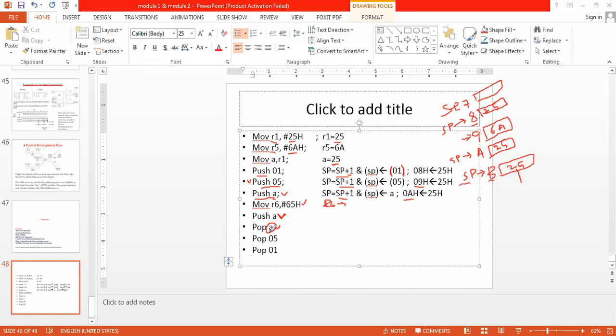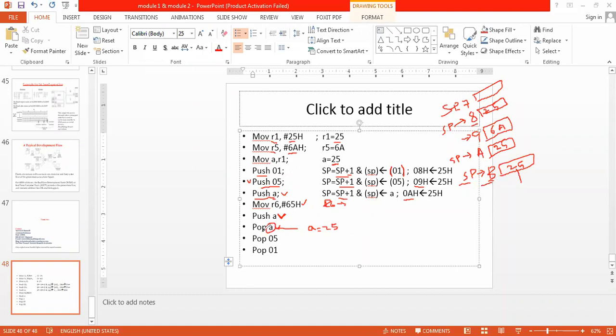So from that memory, whatever data is there is going to be stored into A. So for this instruction, A will be equal to 25, from 0BH.